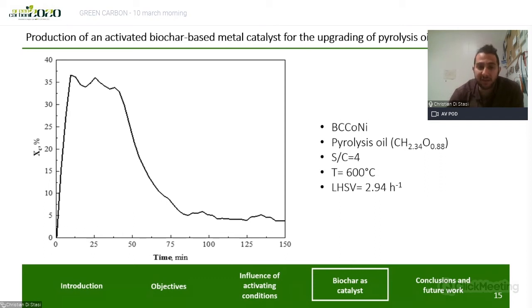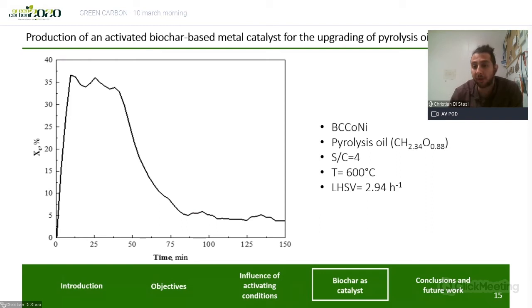We related this loss in activity to the presence of sugar-type compounds in the bio-oil, which go charring rather than reforming, poisoning the catalyst.